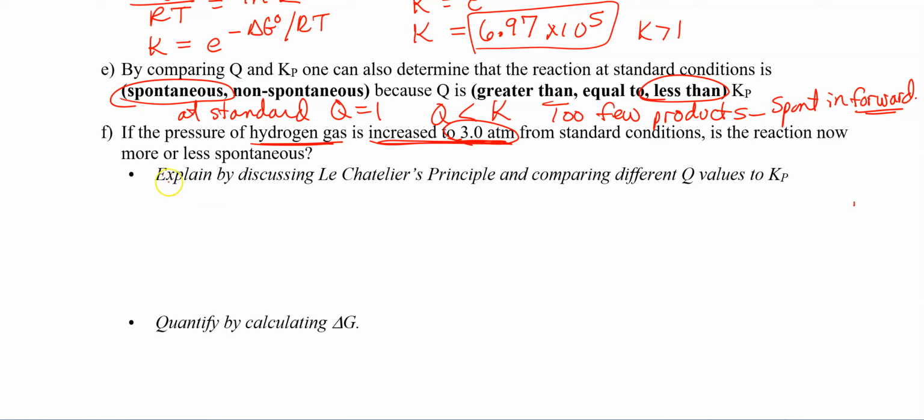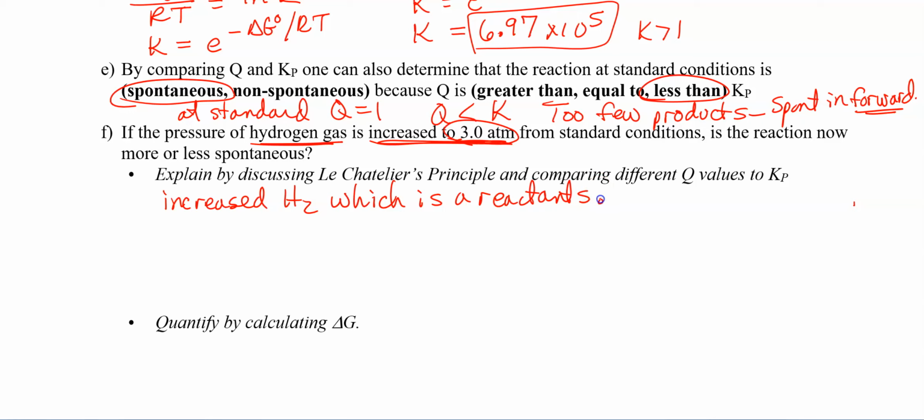So we increased H2, which is a reactant, right? So we have too many reactants, too few products.